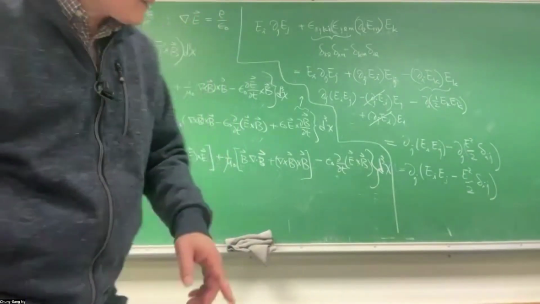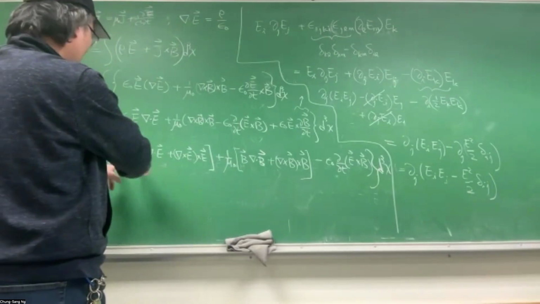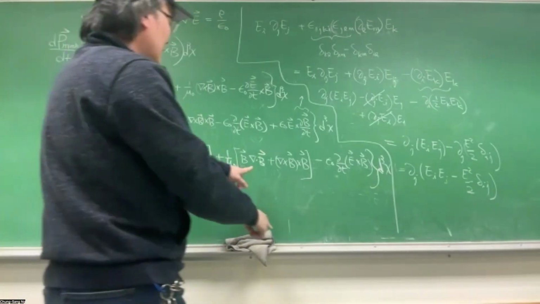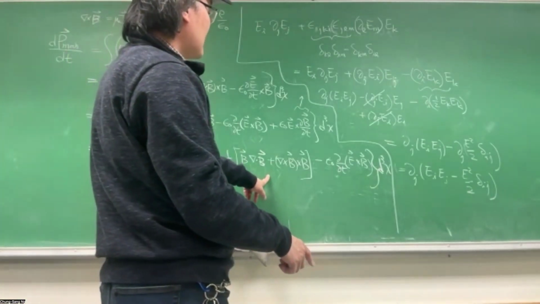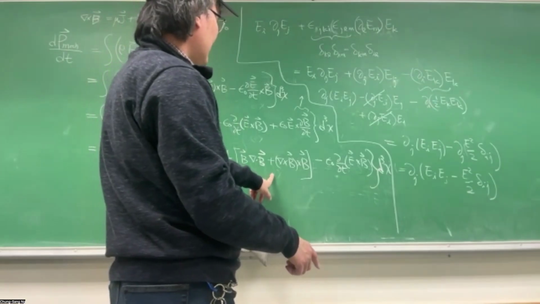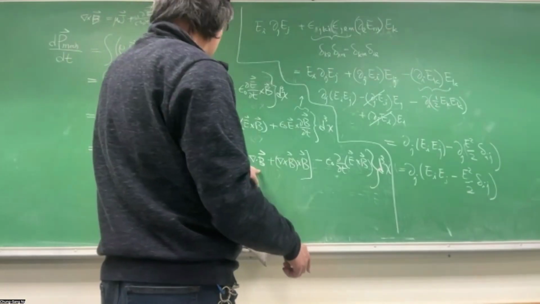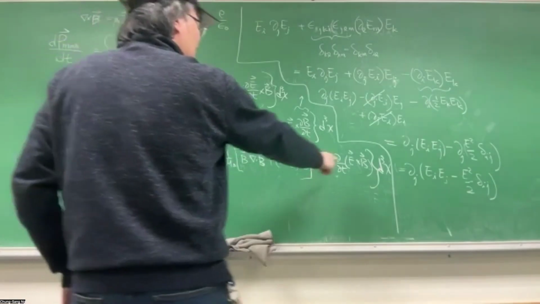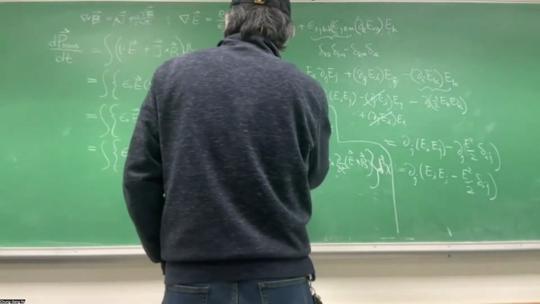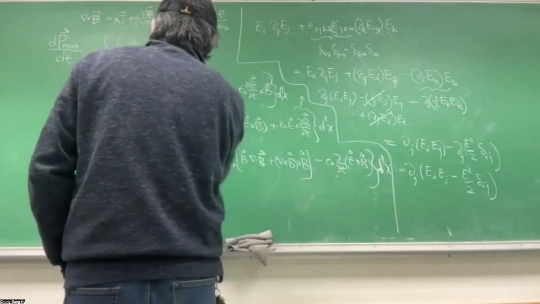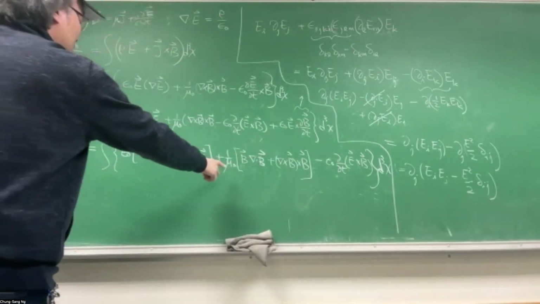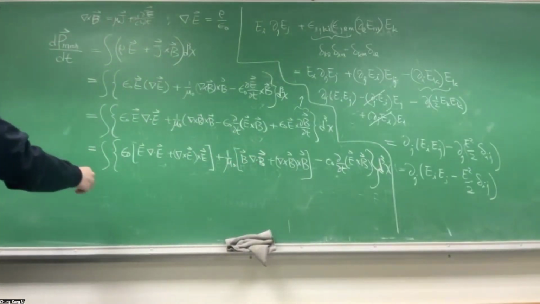That is this one, you multiply by epsilon 0. And the same thing will apply to this one. Whatever you see E, you change to B, and this one is multiplied by epsilon 0, this one divided by mu 0.